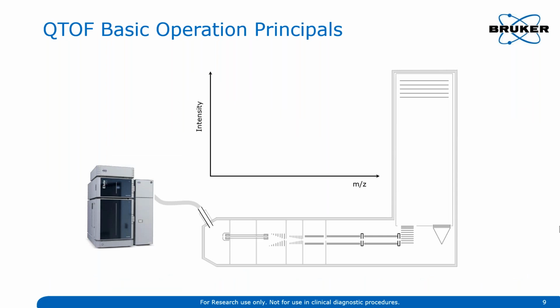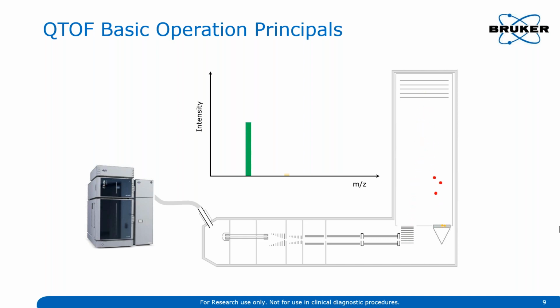As already mentioned, the TargetScreener solution is built on the Bruker QTOF technology, and the basic principles of its operation are the following. Analytes from HPLC are injected into the electrospray ion source and ionized. Then ions are introduced into the vacuum through the ion funnels, guided through the isolation quadrupole and the collision chamber.